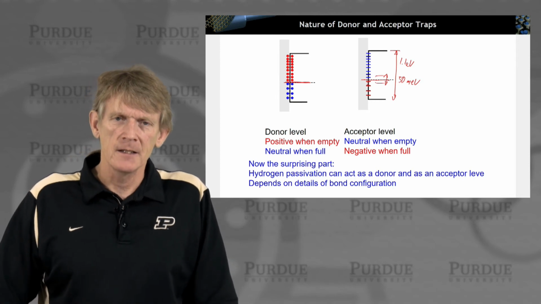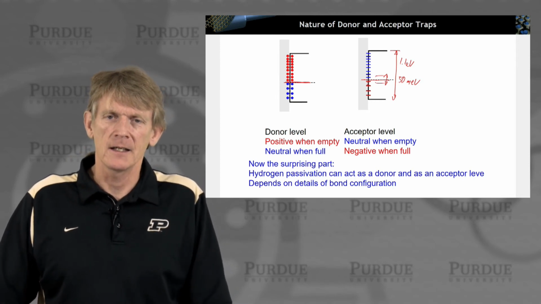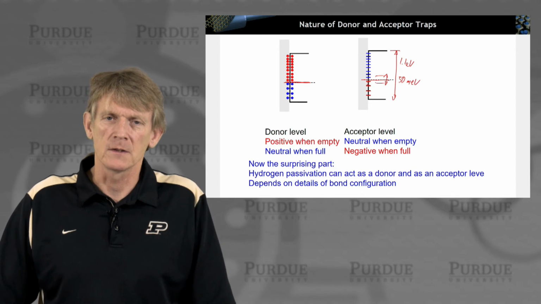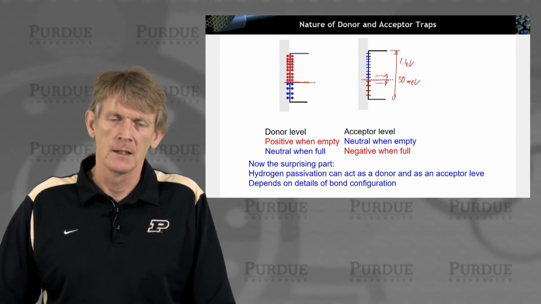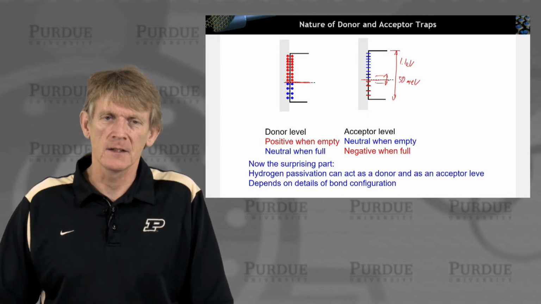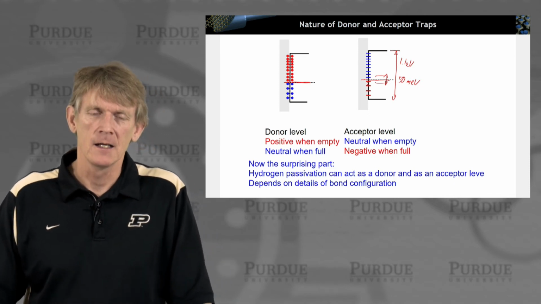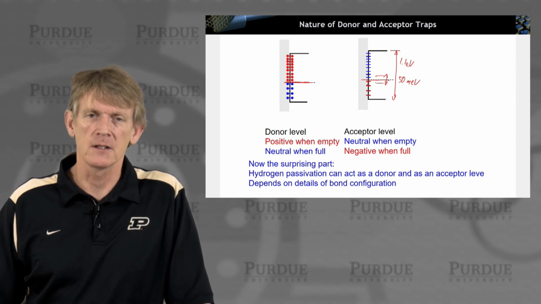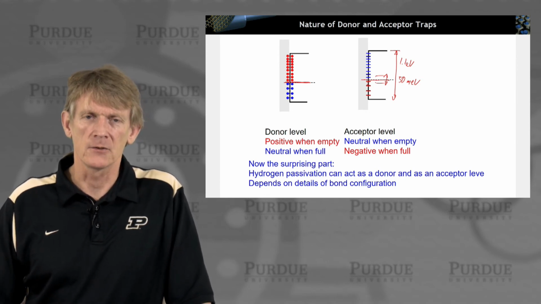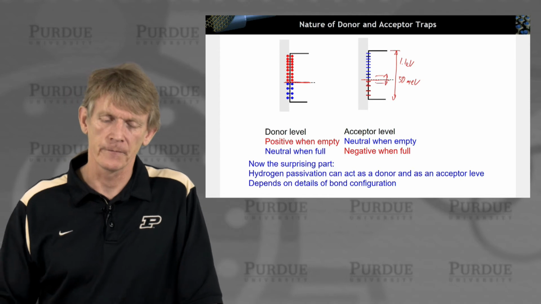Now, the interesting part here is that hydrogen passivation can act as either a donor or an acceptor. It depends on the detail of the bond configuration. So you can study those details theoretically through a variety of, say, density functional theory, etc. Or you can trust the experimentalists that have measured this out to some vast degree of detail.